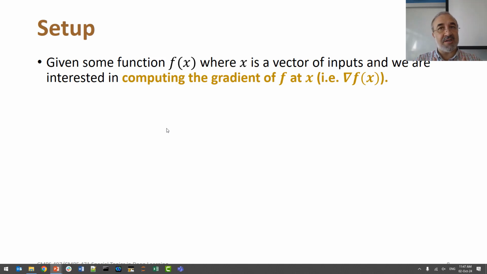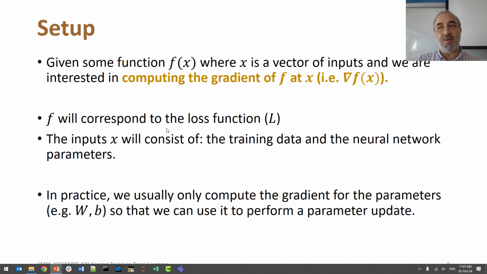In our context, what does that mean? What is f and what is x? F is the loss function, yes, and x is the parameters. Very good. So f will correspond to the loss function, and the x are the parameters. But in reality, by the way, and you will notice that with backpropagation, x is any input of the function. It's not just the parameters. It can be the input examples themselves.